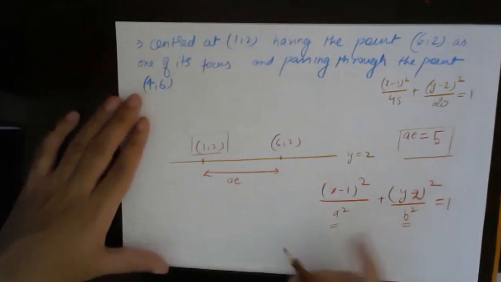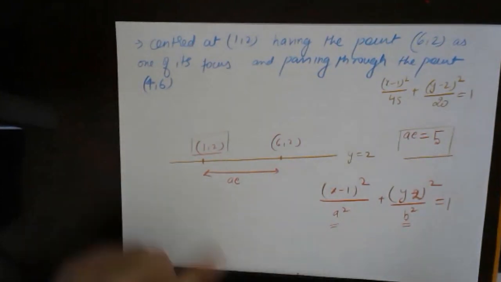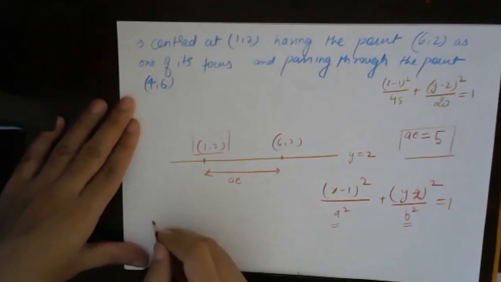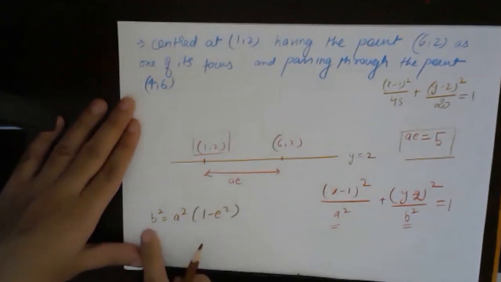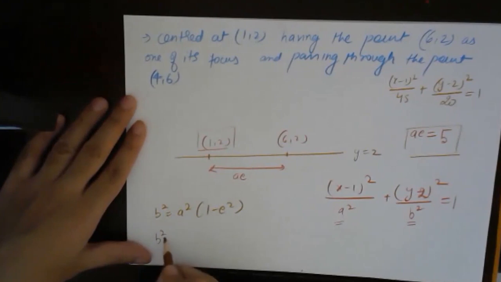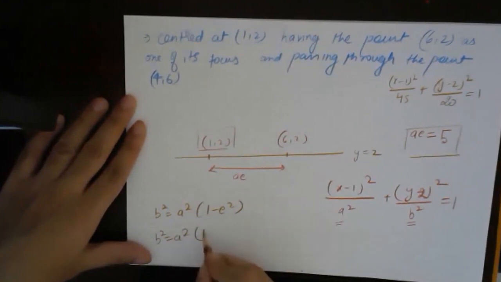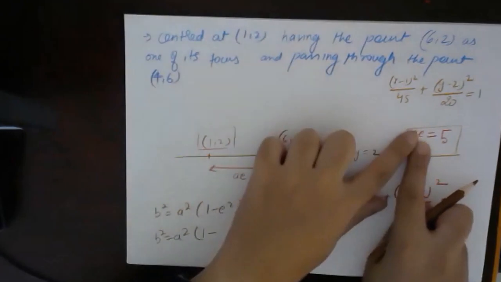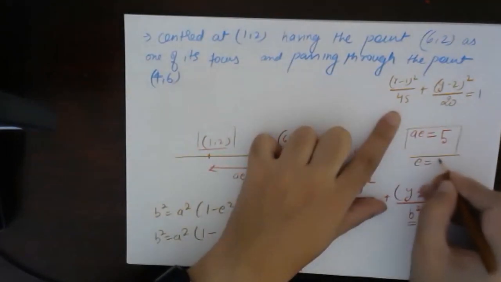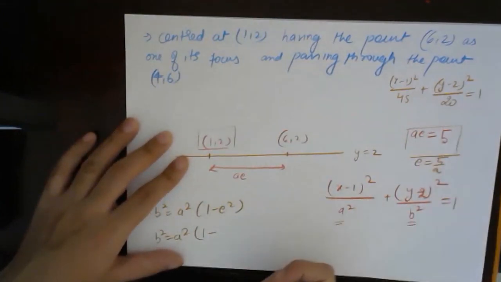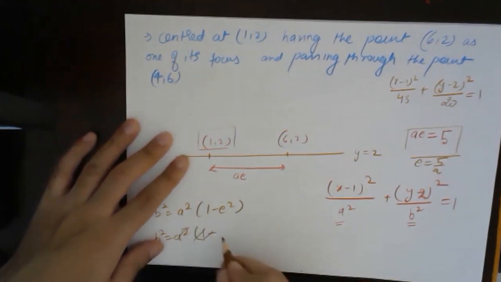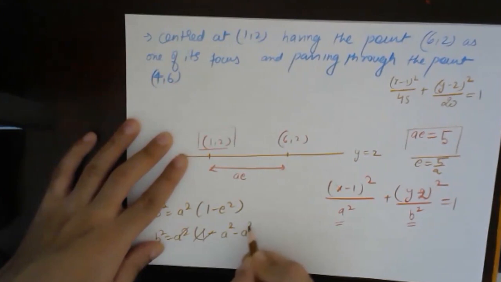One equation we got is ae equals 5. One more thing we know is the relation between a, b and e: b square is equal to a square into (1 minus e square). Multiplying inside, b square is a square minus a square e square.